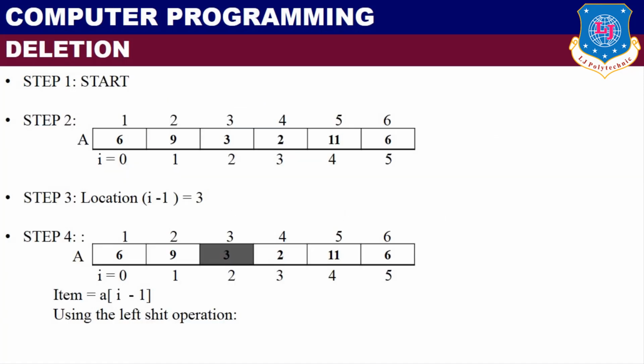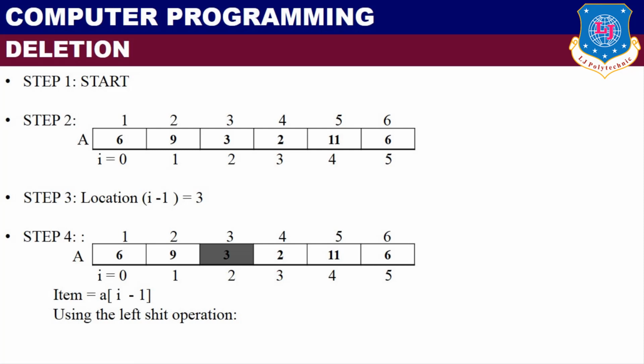The same thing happens in deletion, but in reverse order. In insertion we shift the elements to the right side; in deletion we shift the elements using the left shift operation. Let's understand the deletion operation. Step 1, start.